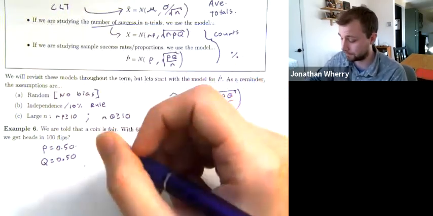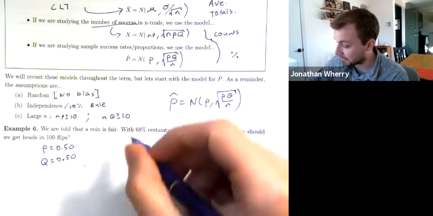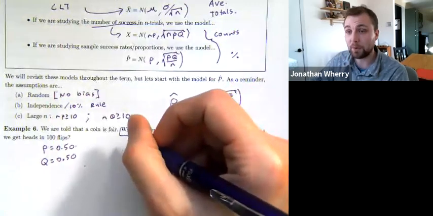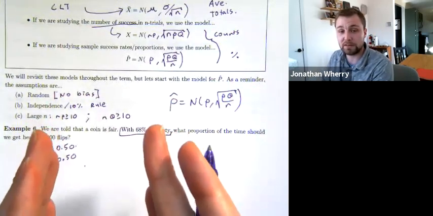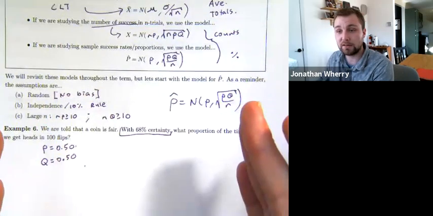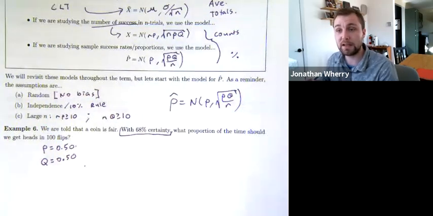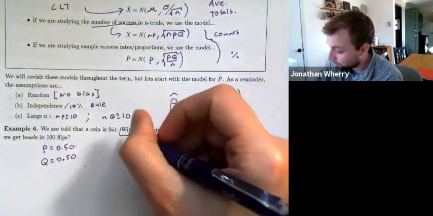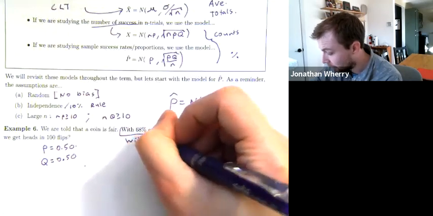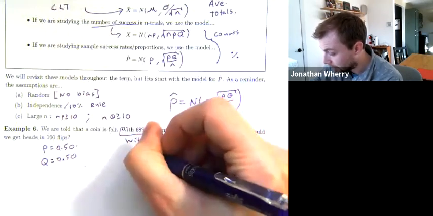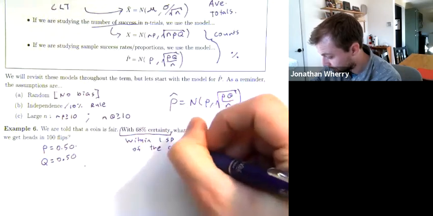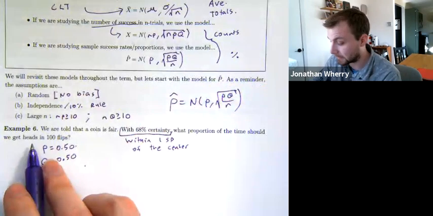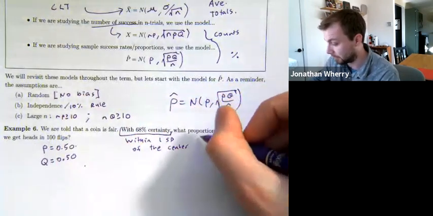They're opposites. With 68% certainty, I'm seeing that 68 and that's reminding me of something. Remember, within one standard deviation was 68% of my area, 2 standard deviations was 95, 3 standard deviations was 99.7%. So this is saying with 68% certainty, within 1 standard deviation of the center, what proportion or how often should you get heads in 100 flips there?